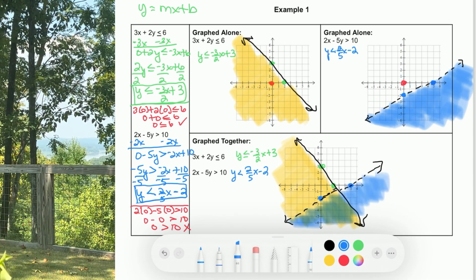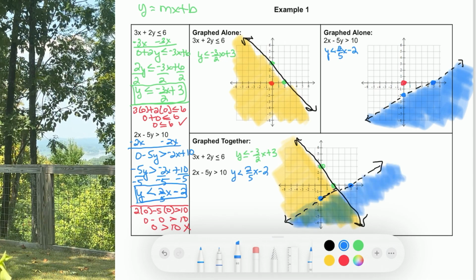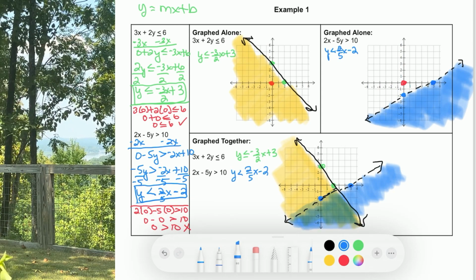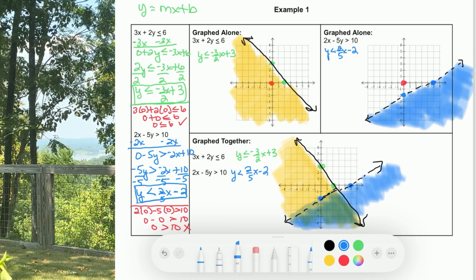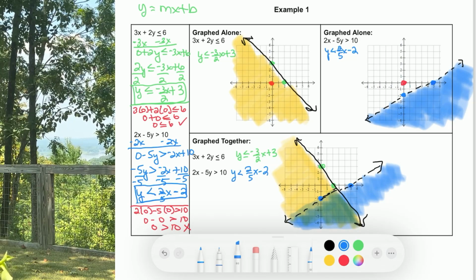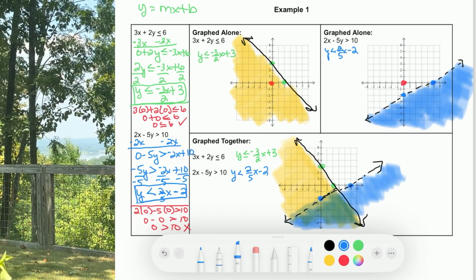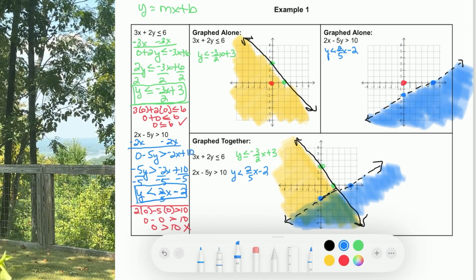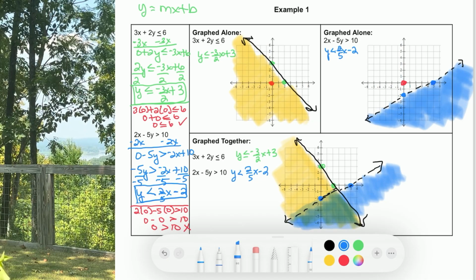I want you to notice something right here. This is where both of our colors overlapped. So remember in the steps I told you the part where it overlaps is the only part that you include in your answer. That's what I'm talking about right here.